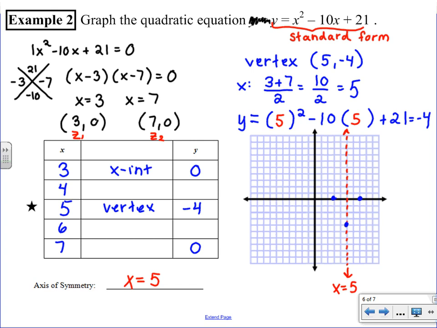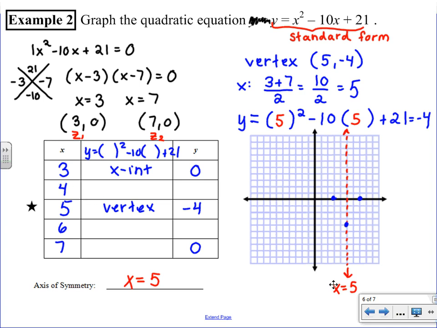Now what I'm going to do is set up the equation so that I can substitute the x values in there. So for 4, if I copy that template down again, oops, I don't need the y.